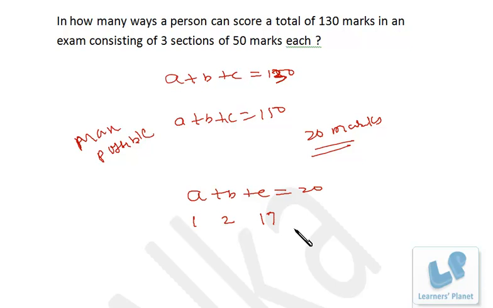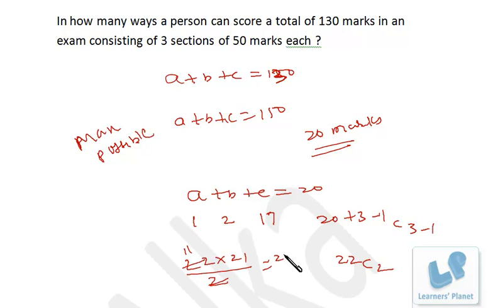So that's appropriate. Okay, so what we do is find the non-negative integral solution of A plus B plus C is equal to 20. So that is 20 plus 3 minus 1 C 3 minus 1, as we have discussed earlier, n plus r minus 1 C r minus 1. So that is 23 minus 1, 22 C 2. So that is 22 into 21 by 2.